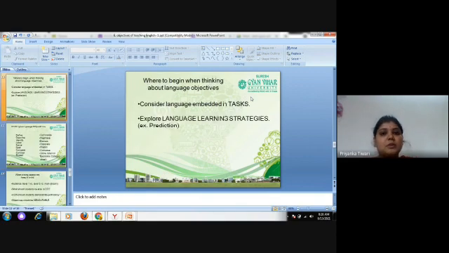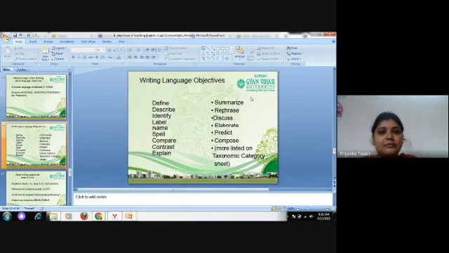Then consider language and task, and explore language learning strategies and prediction. Then, after that, writing language objectives. This is very important.